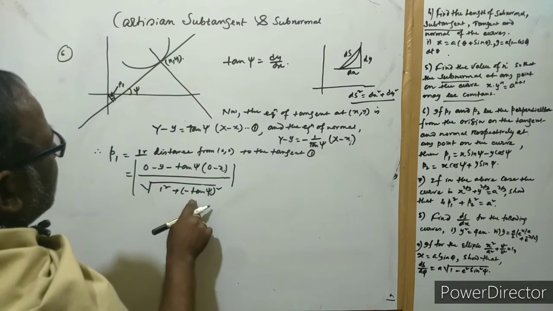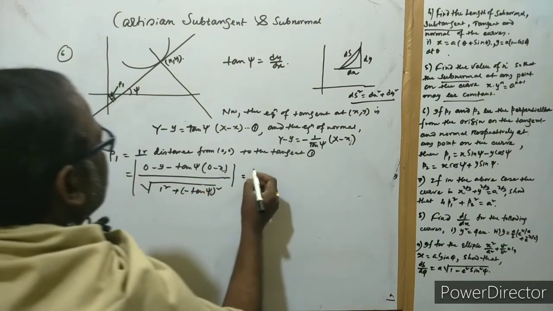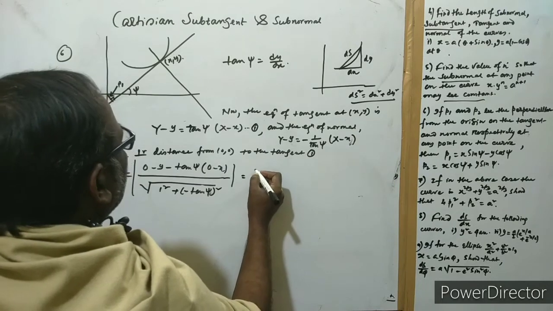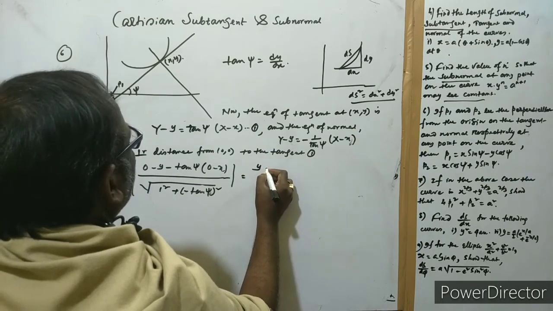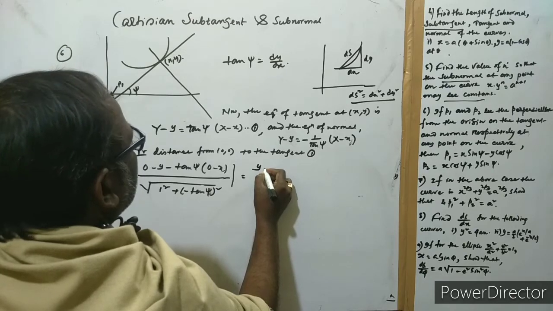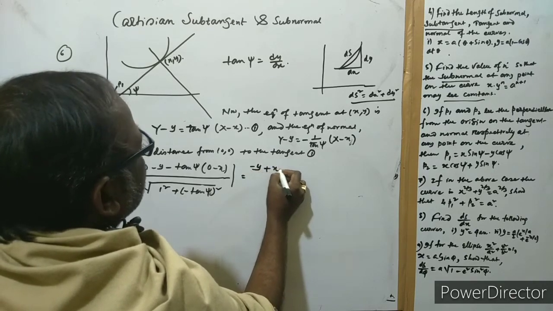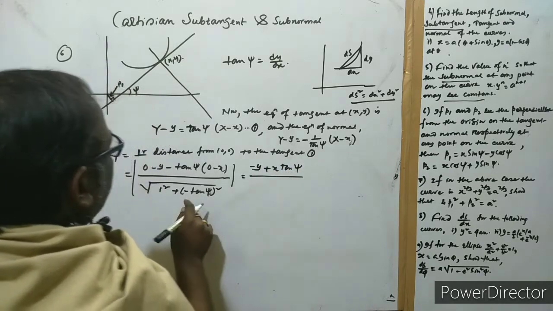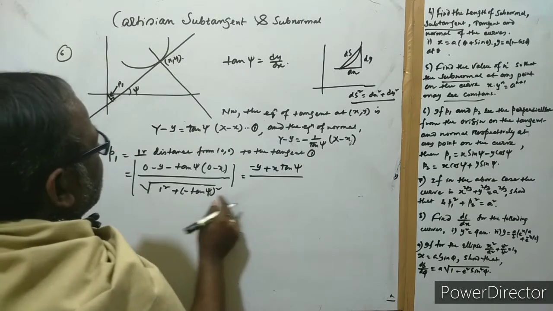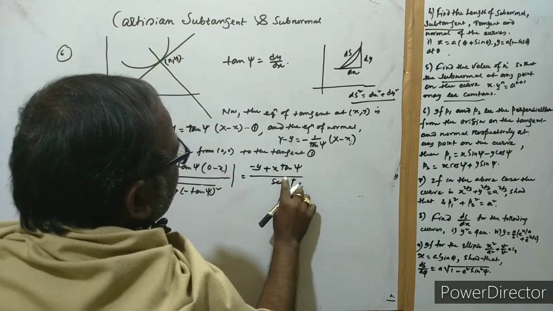Okay, so that is a square plus b square, and that is equal to y minus plus x into tan psi whole divided by 1 plus tan square. This is sec square.